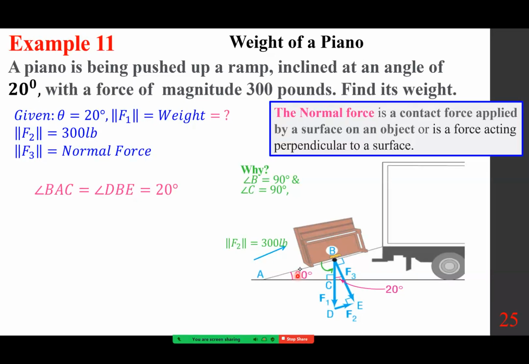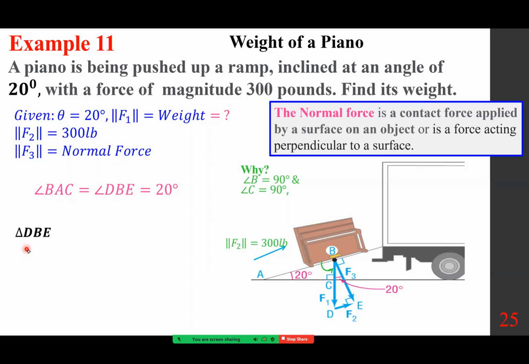In fact, if you have two triangles where two sides are perpendicular to each other, the two are called similar figures. So this triangle and this triangle, okay? These two lines, two sides are perpendicular, therefore the two are similar. But the proof that they are similar is actually what I just went over.